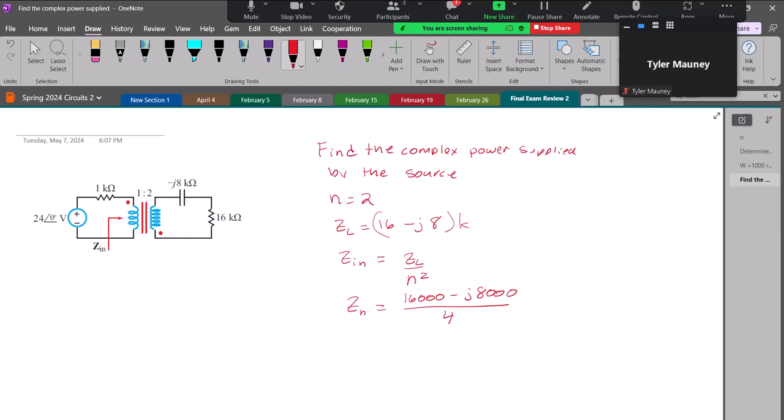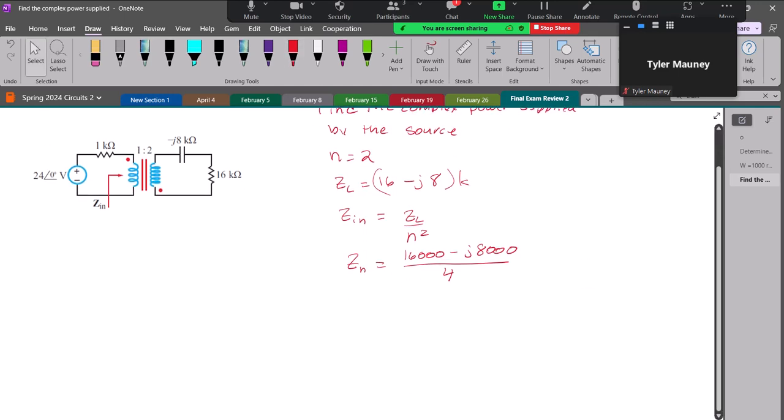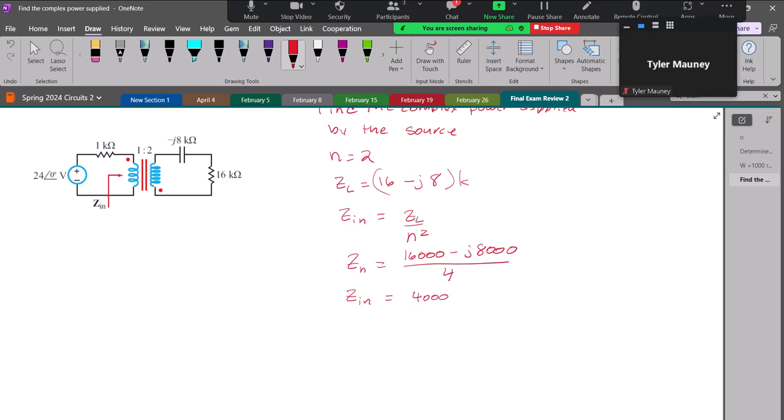Correct. You can remember that because if it was purely resistive, it doesn't make any sense to talk about a negative resistance. So it's only the voltage and the current. So Zn equals 4,000 minus j2,000 ohms.